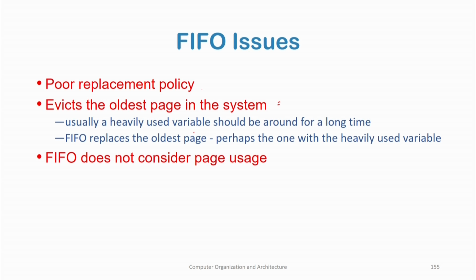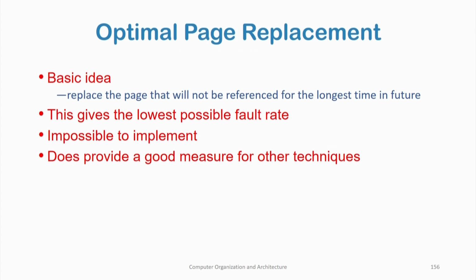So we should try to keep a heavily used page for a long time, but FIFO is unaware of how heavily a page is being used and may easily evict it. So FIFO replaces the oldest page, perhaps the one with the heavily used variable. FIFO basically does not consider page usage.